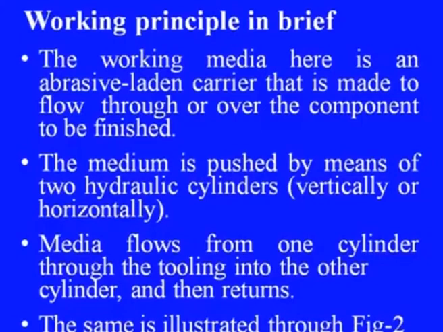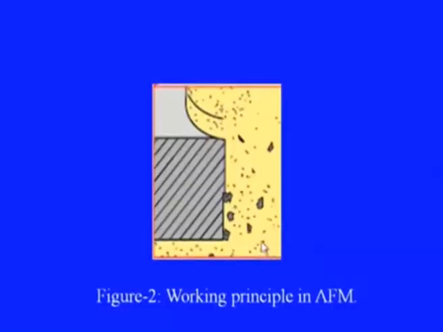It can be in vertical arrangement or in horizontal arrangement. Then media flows from one cylinder through the tooling into the other cylinder and then it returns, and this was shown in the figure. So, this is a little enhanced view of what happens while the media is pushed through the workpiece.